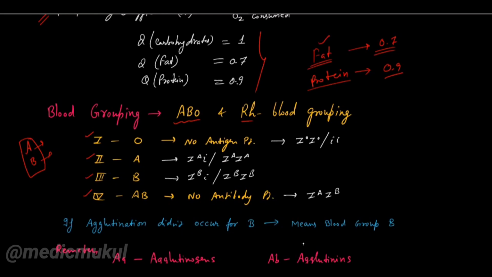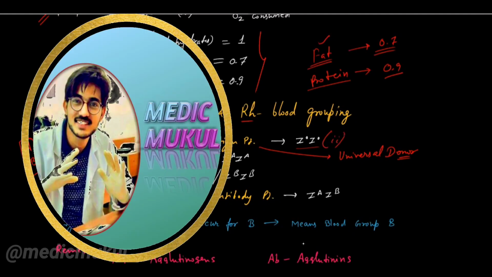Remember that O means 0. It looks like this. O means 0, so no antigen present. No antigen present means they are the universal donor. They can donate to anyone. Then the genotype possible is ii, one genotype is possible, which we can also write as small i, small i.